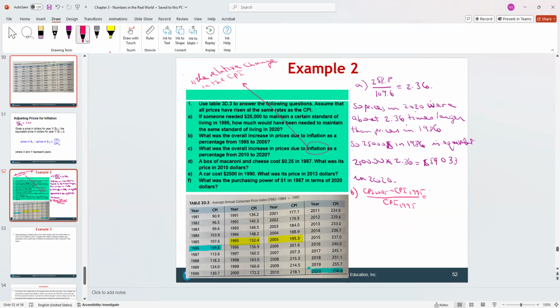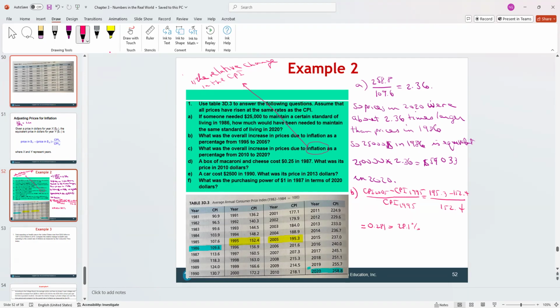All right, let's write it. We have 195.3 minus 152.4 over the one for 1995, which is 152.4. So when we do this, the answer is 0.281, which is 28.1%.